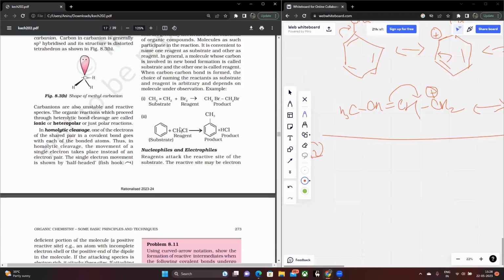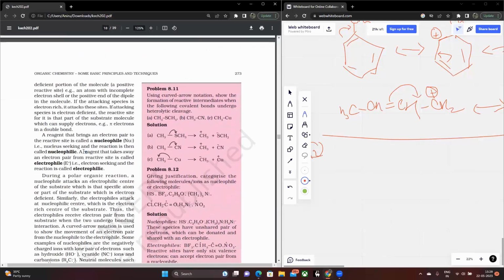While if the reagent itself has an empty orbital or has a dearth of electrons, that is, has a plus charge or has a free radical or has an empty orbital, then that reagent is called an electrophile because it wants electrons from the substrate and it attacks an electron-rich site of the substrate, right? That is the difference between a nucleophile and an electrophile, right?